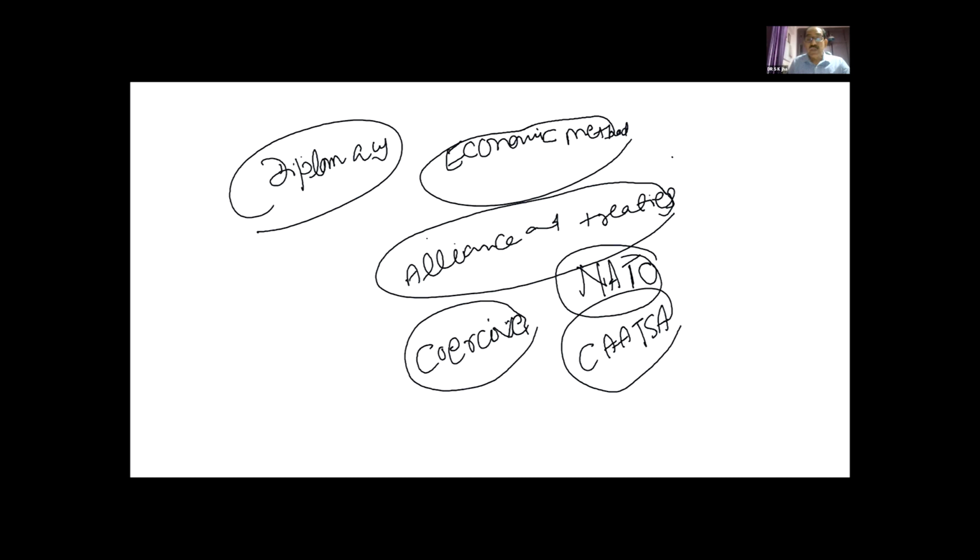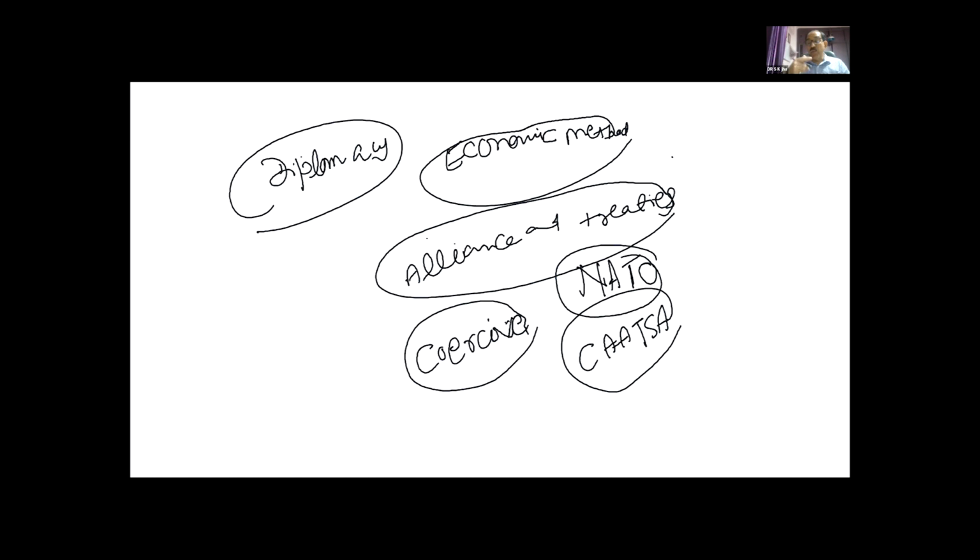Or any country buying S-400 missiles from Russia would be facing U.S. sanctions. So economic and political sanctions would be imposed by the U.S. on those countries who are dealing with American adversaries. That is called countering American adversaries through sanctions. That's a policy, and this all comes under the coercive method of securing the national interest.